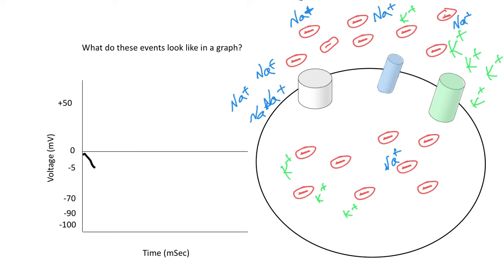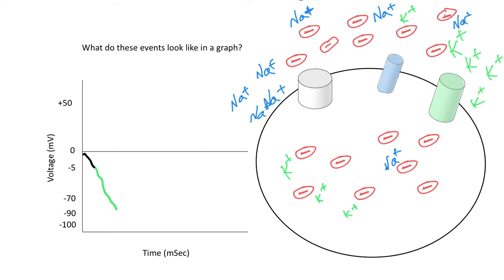As the potassium leaves the cell, all these negative charges build up. So what happens to the membrane potential? It becomes even more negative inside as compared to outside. So then what does it look like in the graph? As we said in the previous example, it goes all the way to -90.